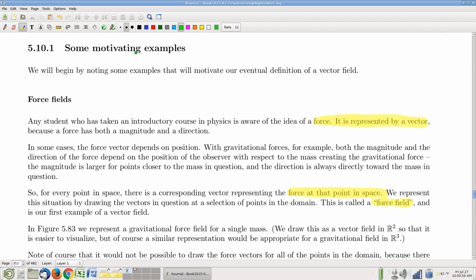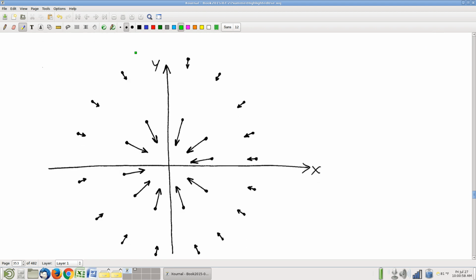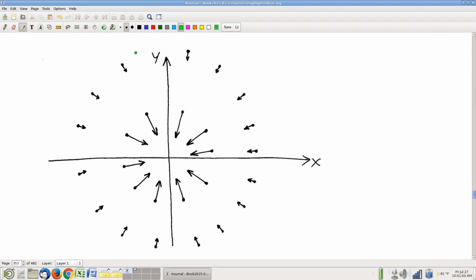I'm just going to go straight to the pictures. Here's our first example of a vector field. A vector field is something that associates to every point in space a corresponding vector. So at that green point, for this particular vector field, I associate that blue vector.